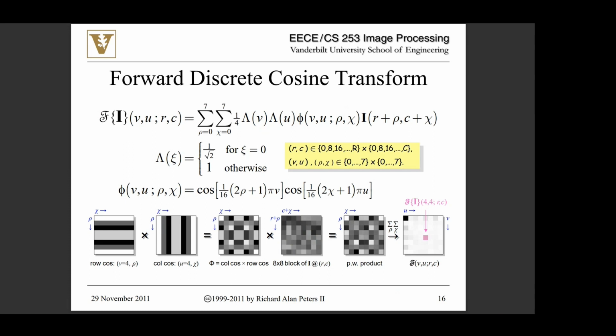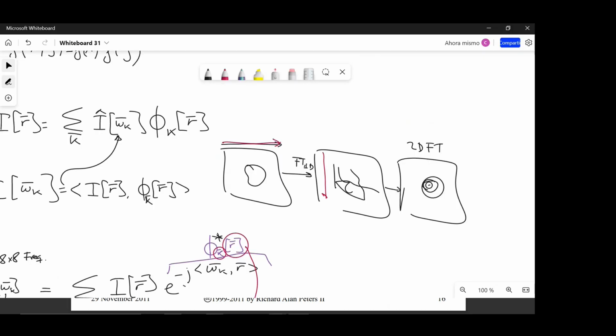And this one is just the discrete cosine transform, and we see this structure. This lambda is just a normalization factor to make the basis unitary, so that the norm of the basis is 1. These are images, right?